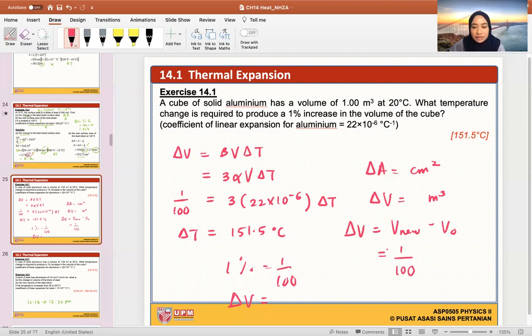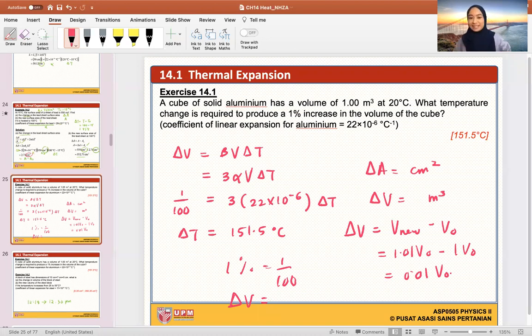Tapi 1% ni 1% of apa? Kat sini untuk mendapatkan increase in 1%, kita kena buat 1.01 V naught minus 1 V naught. Baru kita akan dapat 0.01 of V naught. Faham tak?